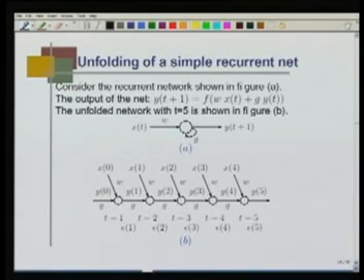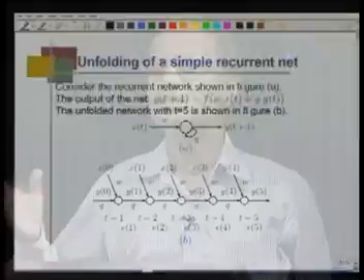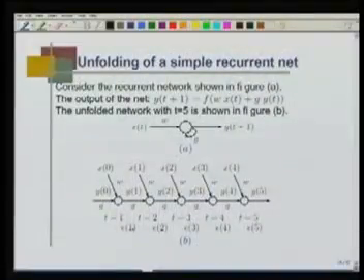This is how the network is unfolding over time, and we can go ahead depending on the situation or demand. And now, once we unfold, this is a feed forward network.